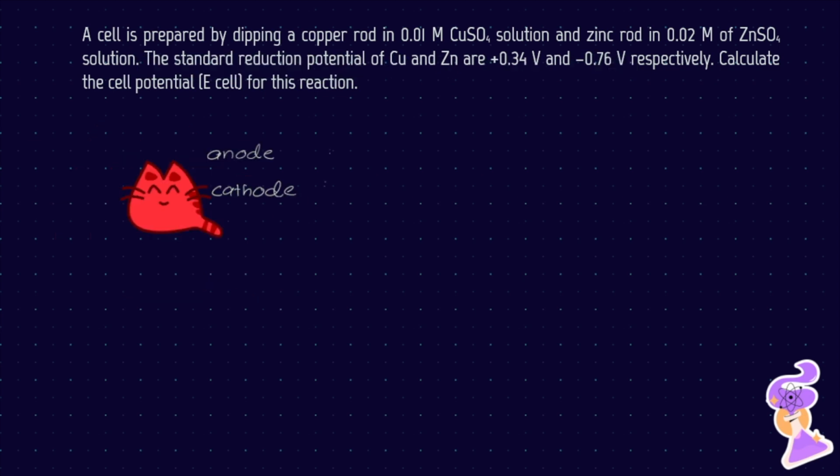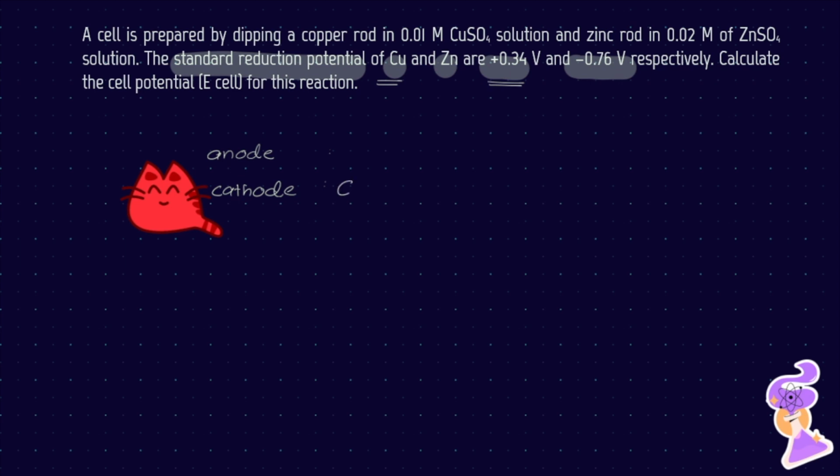Alright, so let's take a look at the question. The standard reduction potential of copper is positive 0.34 and the standard reduction potential of zinc is negative 0.76. So it means that copper, the SRP is more positive as compared to zinc. The one that is more positive should be put at the cathode, and the cathode shall undergo reduction, red cat.